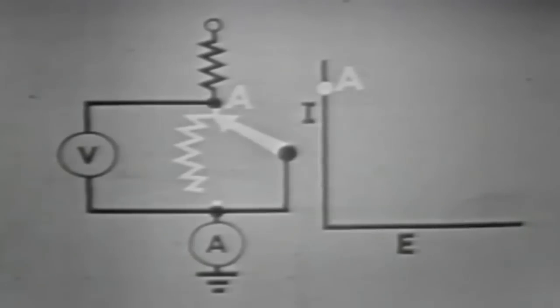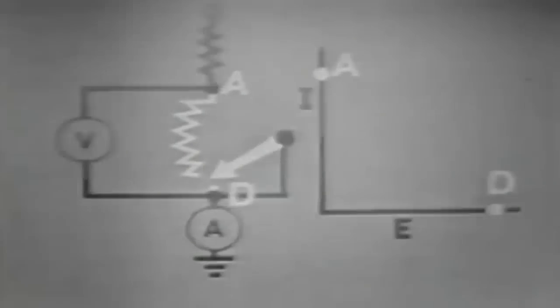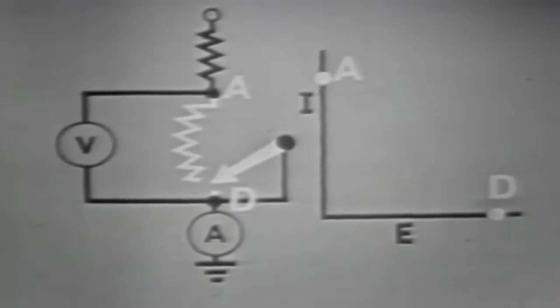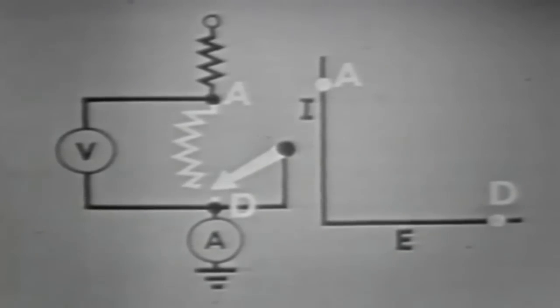On the graph, voltage is at 0, current is at maximum. As the resistance is varied to an open at position D, the voltage increases to maximum and the current decreases to 0. This is represented on the graph as point D here. The maximum voltage we can have is the applied voltage.